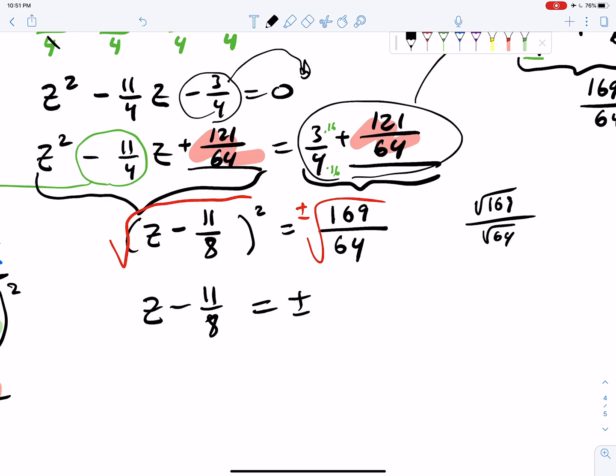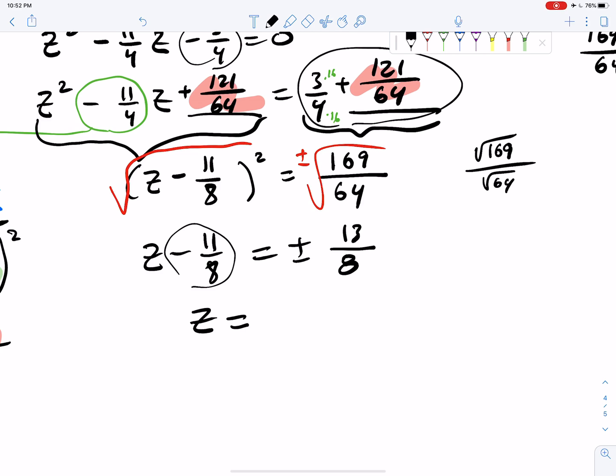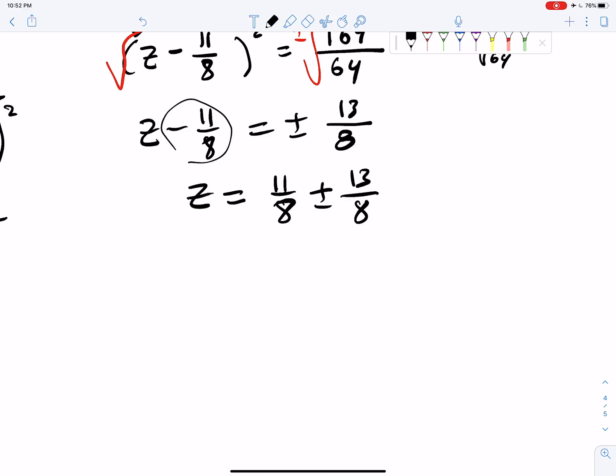The square root of 169 is 13, and the square root of 64 is 8, so 13 over 8. Now we add 11/8 to both sides and it gives us our answer: z equals 11/8 plus or minus 13/8. I know you don't like to add and subtract fractions, but those are like terms, I guess you could call them.